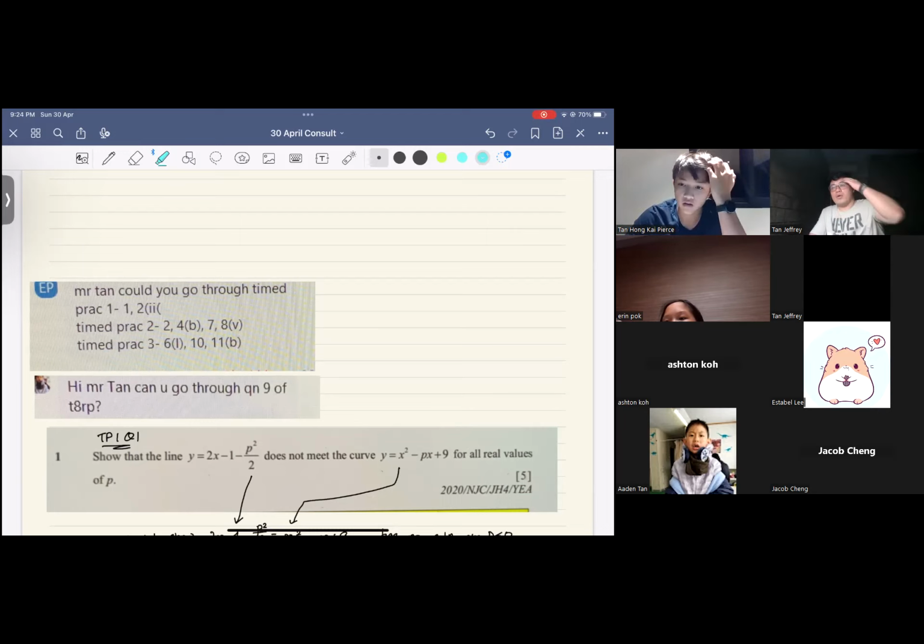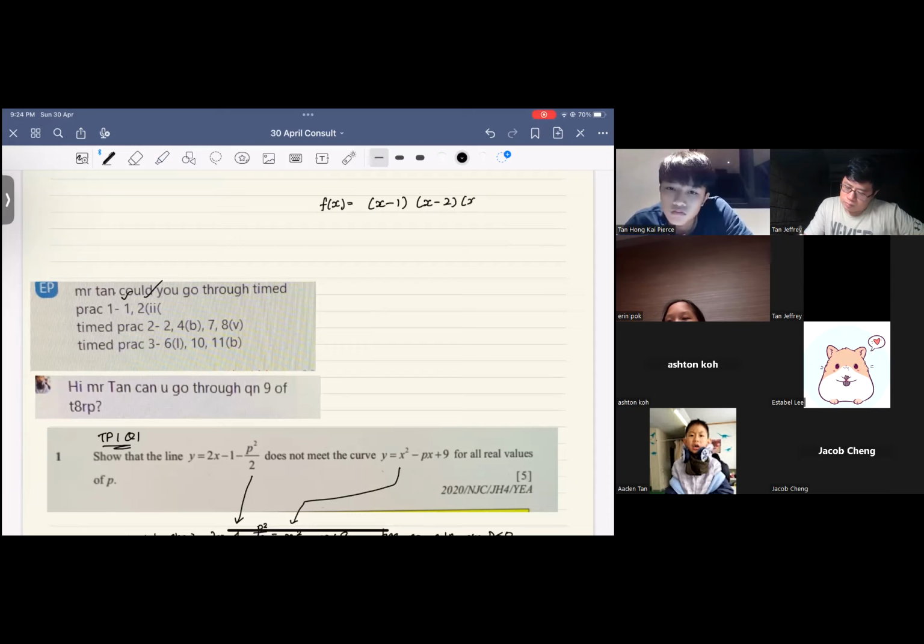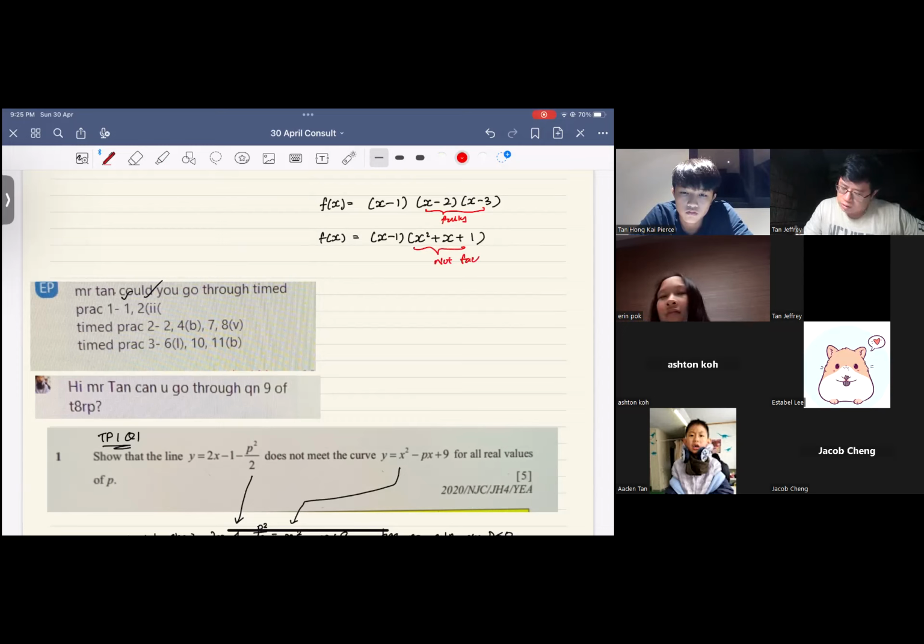If I give you a cubic, a cubic can look like this: x minus 2, x minus 3. A cubic can also look like this: x squared plus x plus 1. You can see that this is fully factorized, but this one is not factorizable.